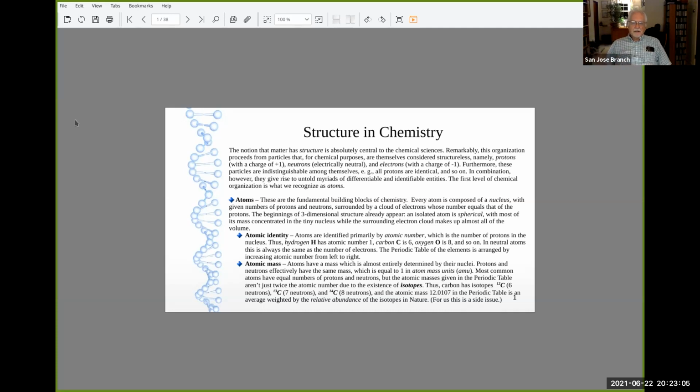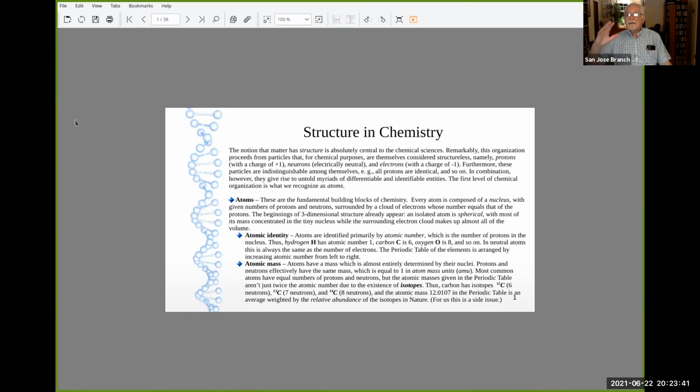And then that nucleus is surrounded by a cloud of electrons. It helps maybe to see them in classical terms as electrons whizzing around the nucleus, but certainly in quantum mechanics, the more correct picture is that it's a cloud of probability of where the electrons are most likely to be found.